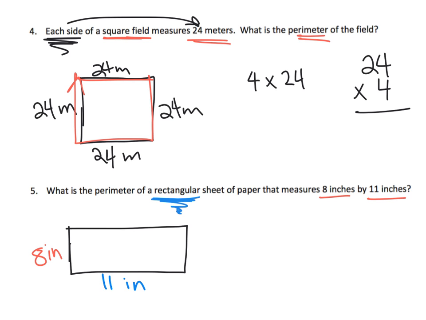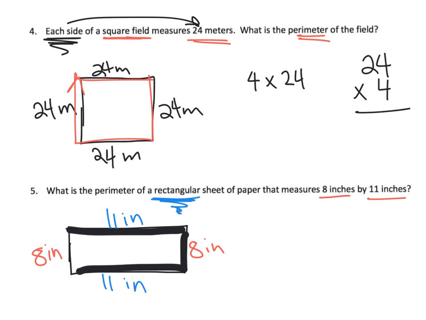What does that mean? It means that this opposite side is also 11 inches, and this opposite side is also 8 inches. So we've got a variety of ways to go about calculating the perimeter, and the big key thing is, what is perimeter? The perimeter is the distance around this figure.